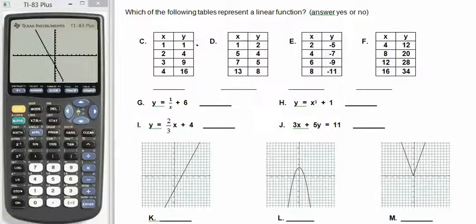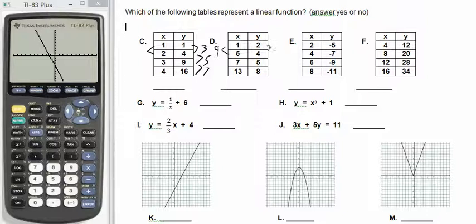These, remember, if these are going up the same every time, then these need to go up the same every time. So that's up 3, and that's up 5, and that's up 7, so that is not linear. This one, up 4, up 2, up 7, this one is not going up the same every time. You'd actually have to do delta y over delta x to see if this is the same.